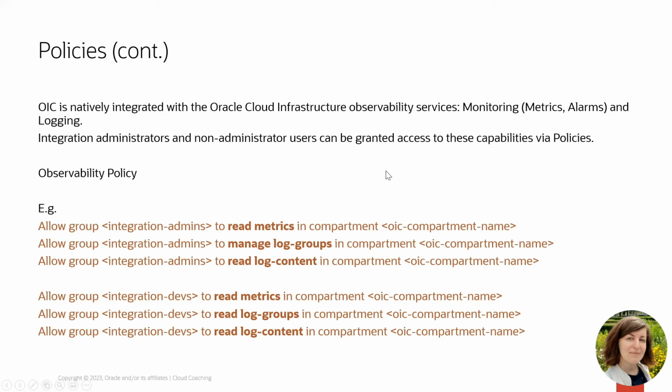Integration users can be granted access to these capabilities, to metrics and to logs, by defining a policy with statements similar to these: allow group, and then the group name, to read metrics or to read log content in a particular compartment where you have provisioned your OIC instance.